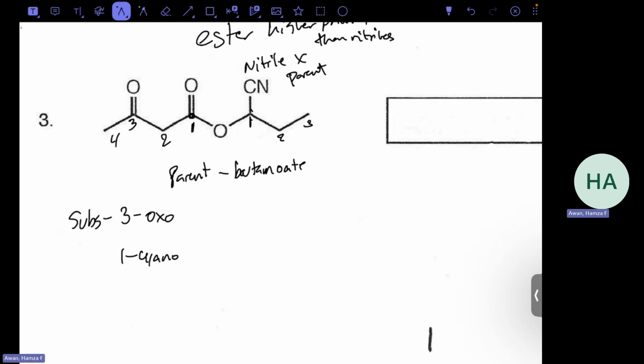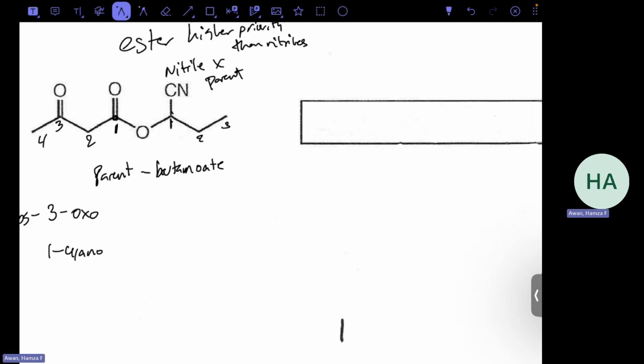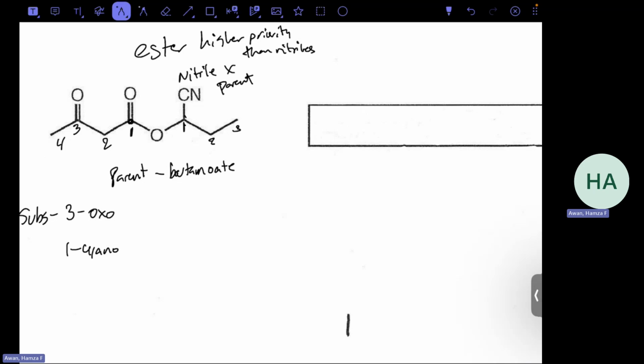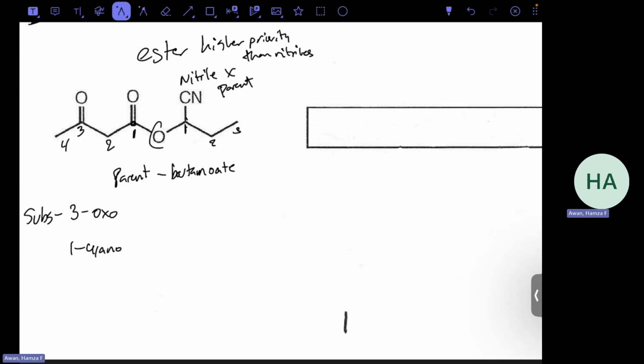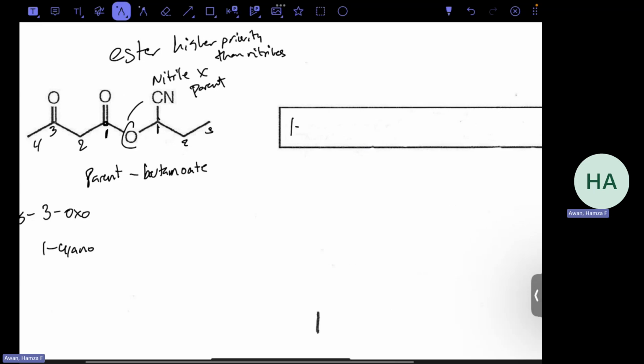And the ester is already assumed on carbon 1, so we're not going to say anything. So if we put it all together, we're going to start by naming the oxygen side, this substituent over here. So we're going to start with 1-cyano, and then this is a 3-carbon chain, 1-cyanopropyl.